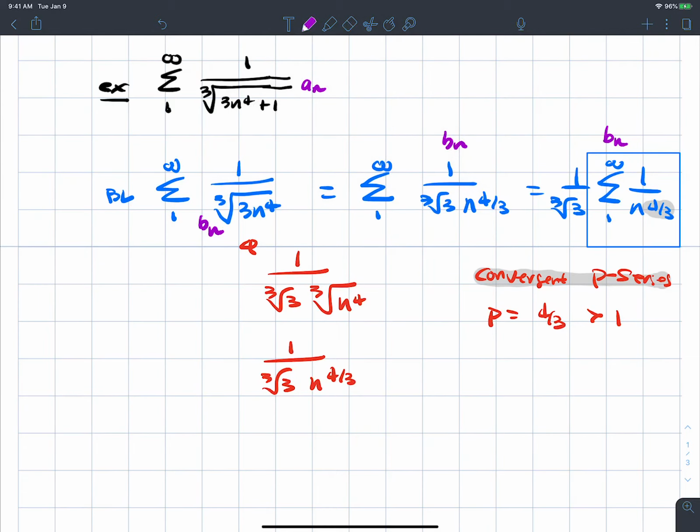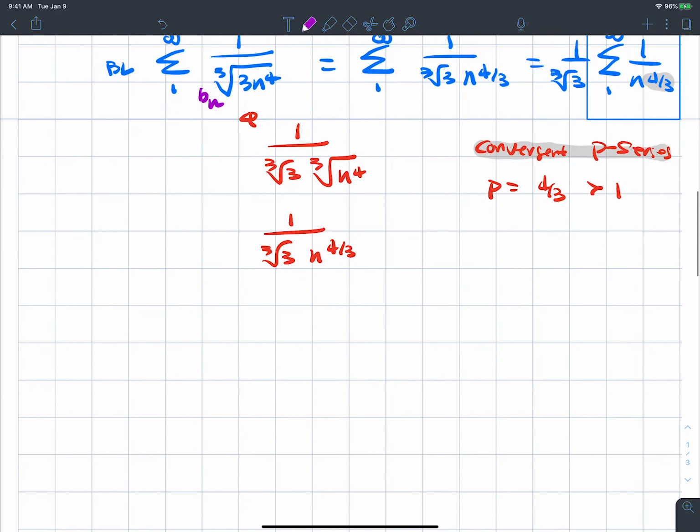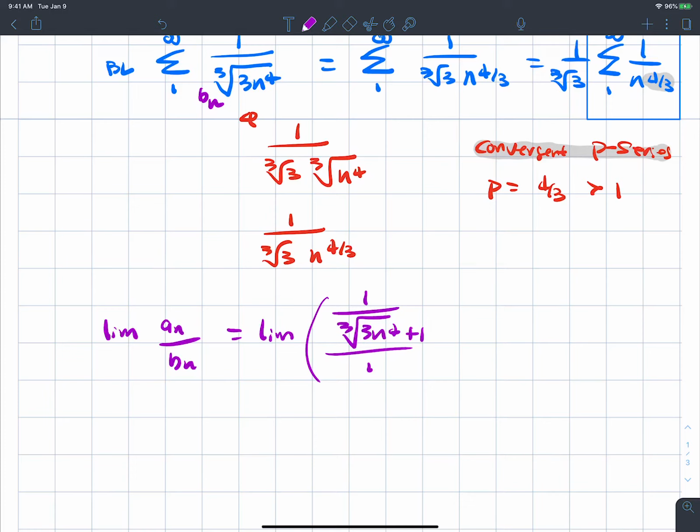So here we go. The limit of a_n over b_n becomes the limit of 1 over the cube root of 3n to the fourth plus 1, don't forget we have to add 1 there, over 1 over the cube root of 3n to the fourth.